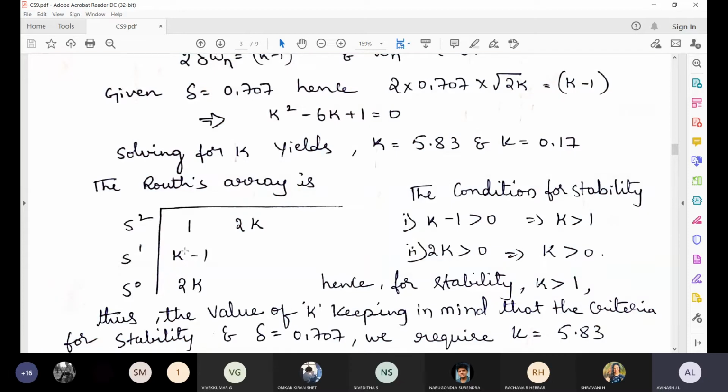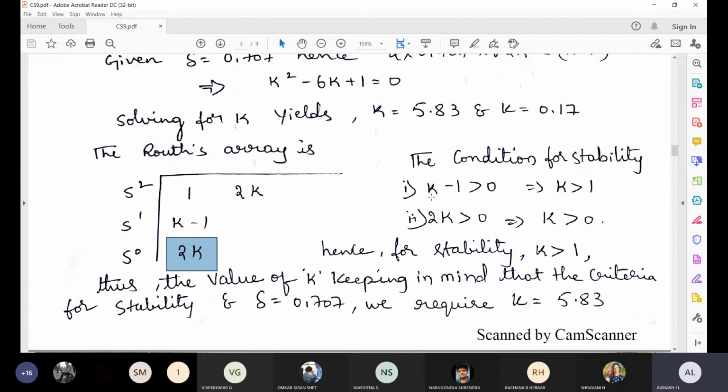So you can directly write here: k minus 1 into 2k minus 1 into 0 divided by k minus 1. So you will get the answer 2k.